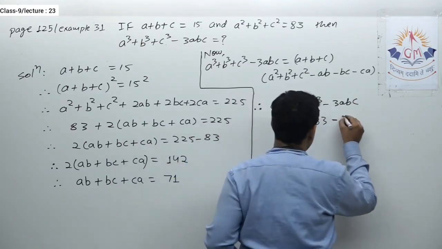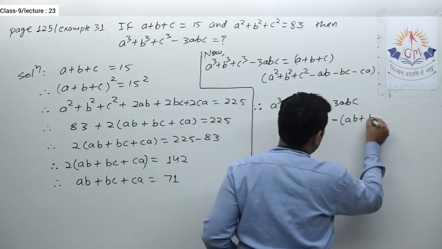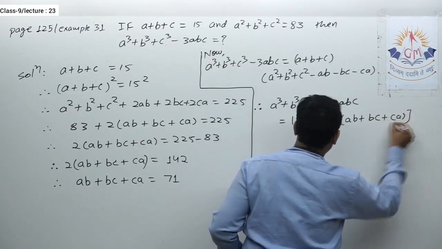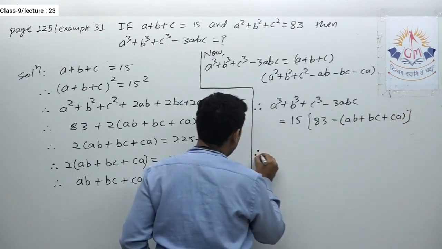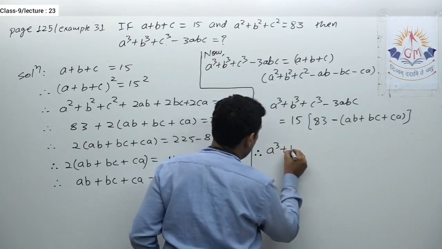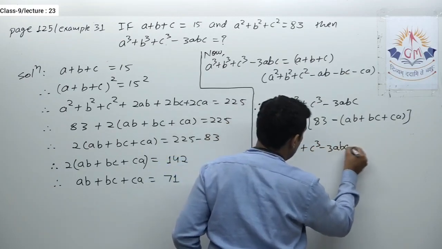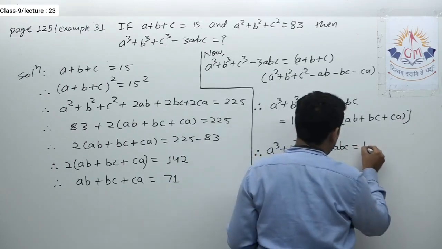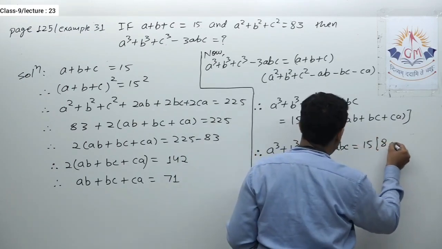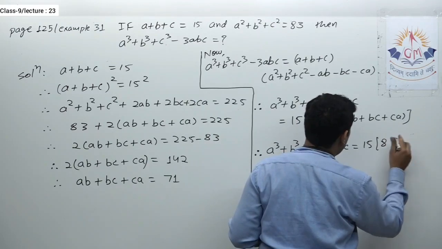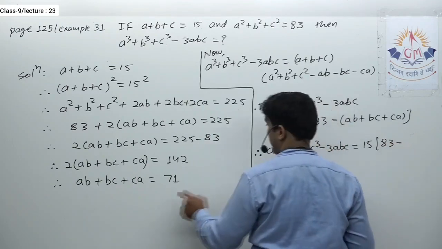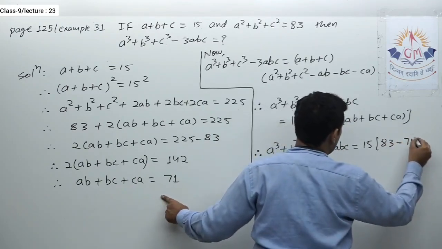So a cube plus b cube plus c cube minus 3abc is equal to 15 multiplied by 83 minus 71.